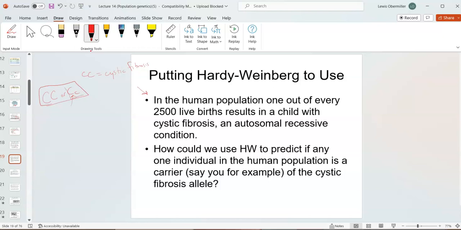First of all, you have to figure out the probability that they're carriers. You know nothing about their family history, no pedigrees or anything like that. You can use Hardy-Weinberg to predict this. You know there are statistical values. You can look at the number of live births for cystic fibrosis. Let's say 1 out of 2,500 live births is an individual with cystic fibrosis. Well, you just figured out Q squared.